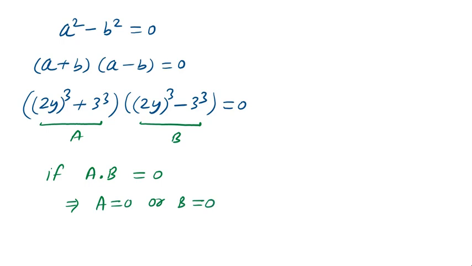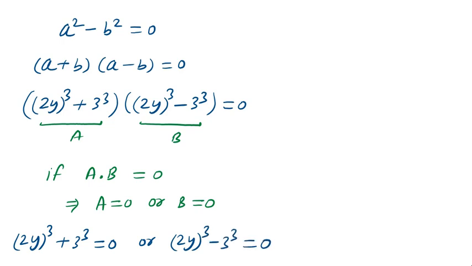According to this rule, we can write (2y) cube plus 3 cube is equal to 0 or (2y) cube minus 3 cube is equal to 0. Suppose this is case first and this is case second. Now first we will solve case first, which is (2y) cube plus 3 cube is equal to 0.